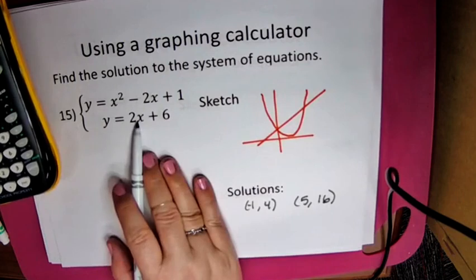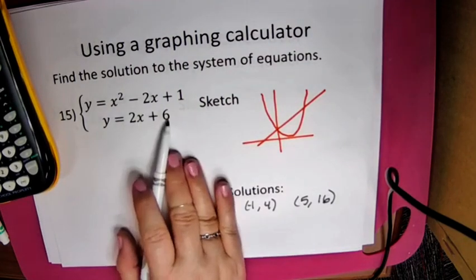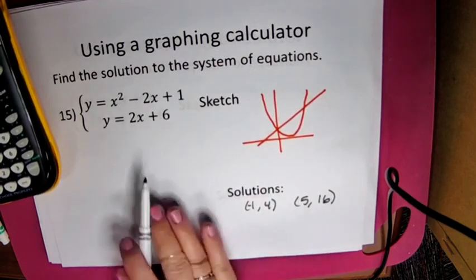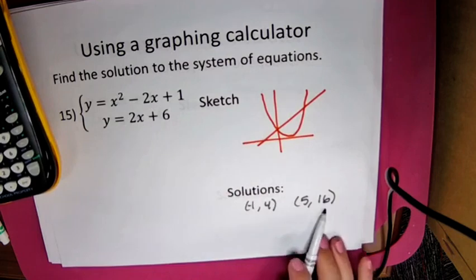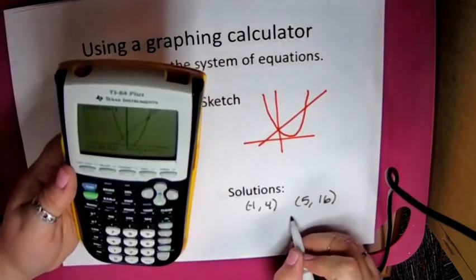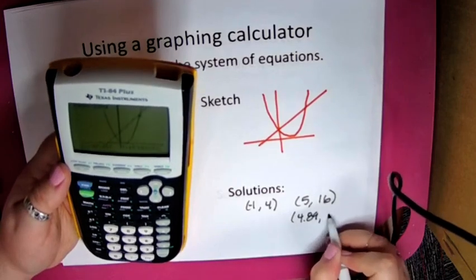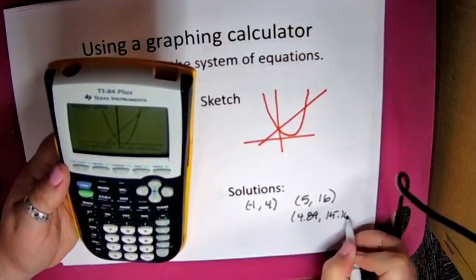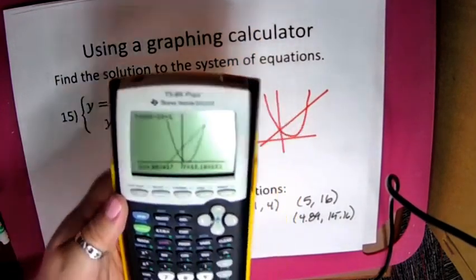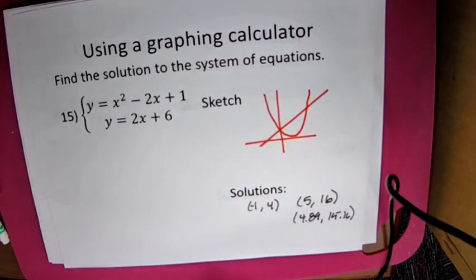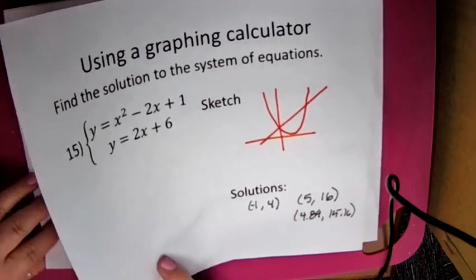If I put in a -1 here, 2 times -1 plus 6 should get me 5. Or 2 times 5, which is 10, plus 6 should give me that 16. If you write down the numbers that my calculator says, I'm still going to give that to you because that's as close as your calculator may get. So using the graphing calculator, you can show where those solutions are.